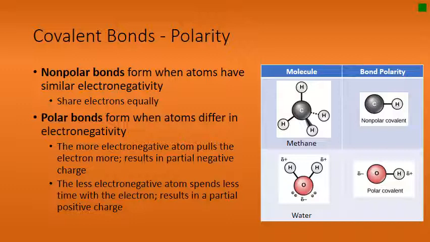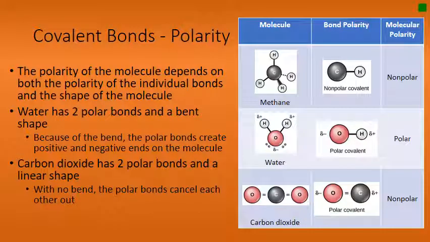If the difference is greater than 0.5 units, then the more electronegative atom pulls at the electrons more, and it results in an unequal distribution of the electron charge in that bond, with a partially negative charge localized around the more electronegative atom. This will affect the overall polarity of the molecule.